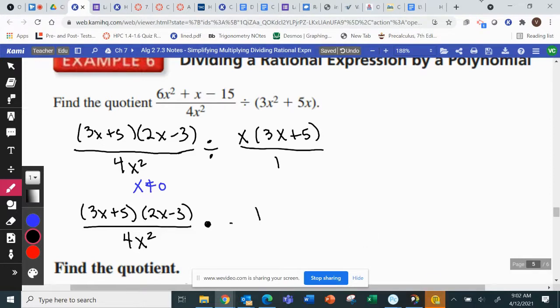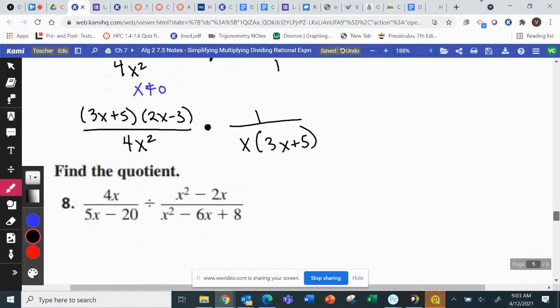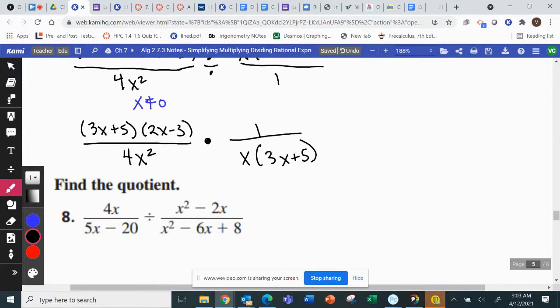And then I flip the second one, 1 over x times 3x plus 5. So now this becomes multiplication, and we're going to start over with multiplication.